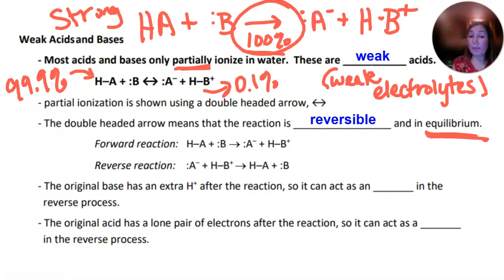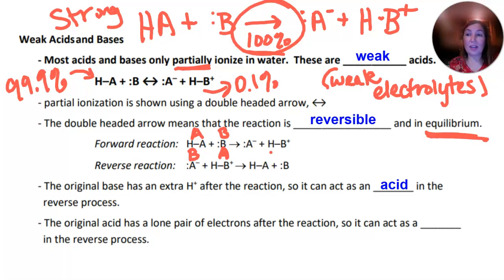The original base has an extra H+ after the reaction, so it can act as an acid. In the reverse reaction, HB plus is acting as the acid and A minus is acting as the base, or acceptor.